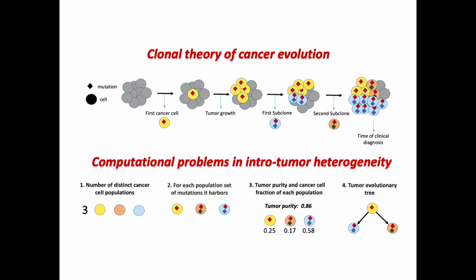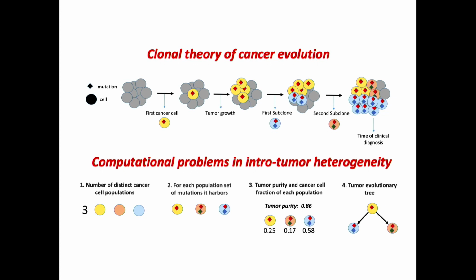According to the clonal theory of cancer evolution, from the emergence of the first cancer cell on the left to the time of diagnosis, tumor cells acquire mutations, some of which may give them proliferative advantage compared to the neighboring cells, and they may eventually come to dominate the tumor tissue.